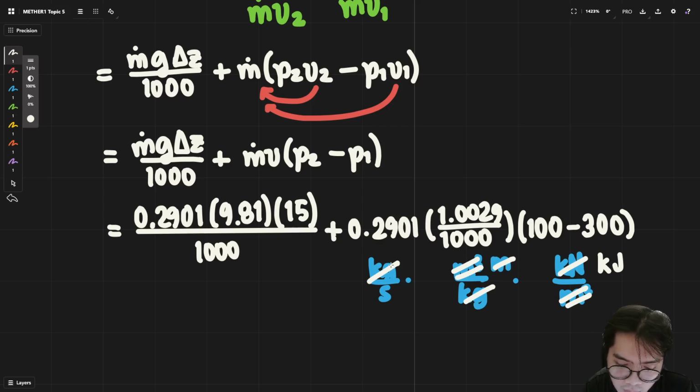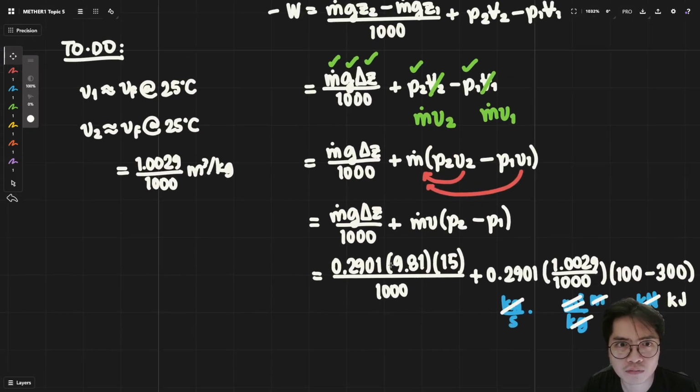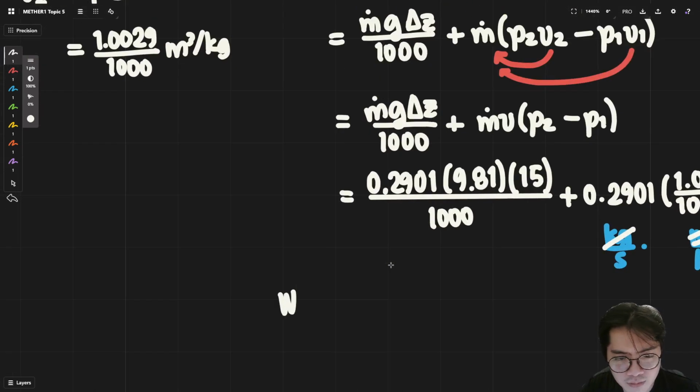0.2901, 1.0029, 1000, 100 minus 300. We will get an answer of, oh boy, W_C is negative 0.0155 kilowatts.